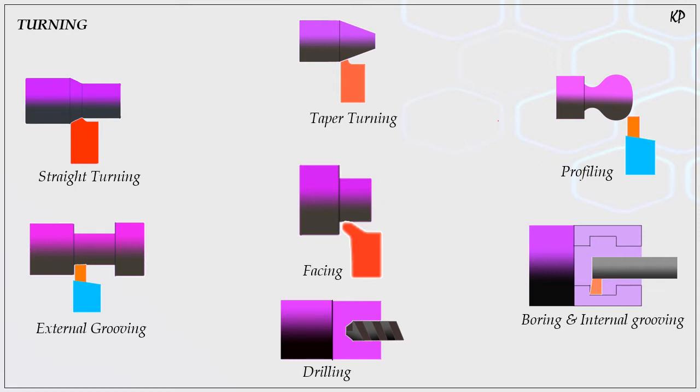In some parts you have to make a curve profile, which you can produce by this turning method. In internal areas, if you want some grooves, you can use boring and internal grooving methods to produce those grooves and bores. So these are the processes which come under the turning process of subtractive manufacturing.